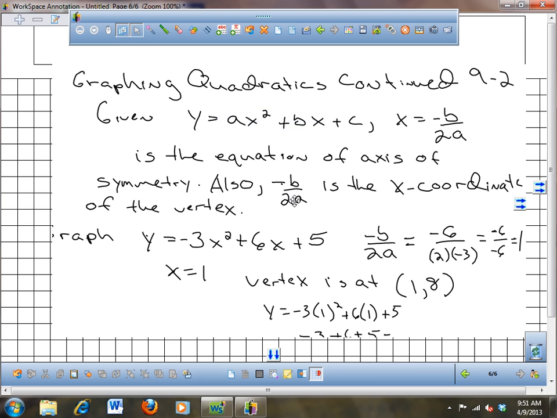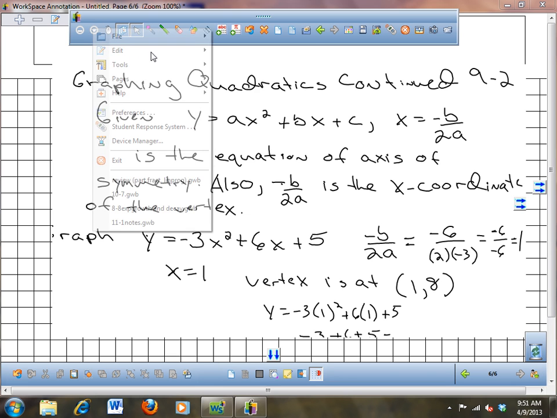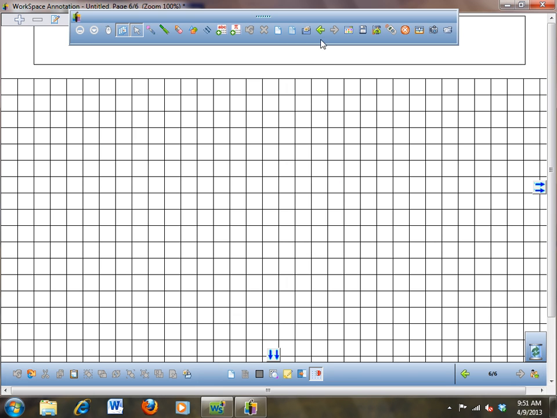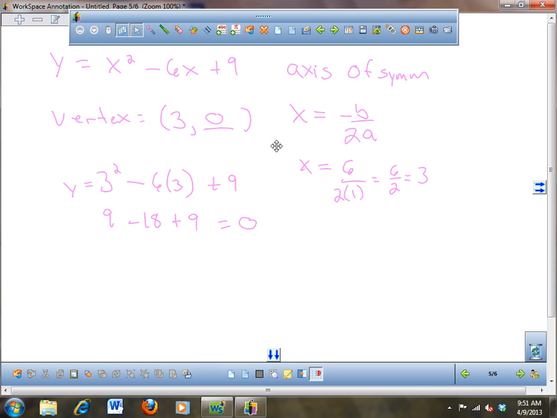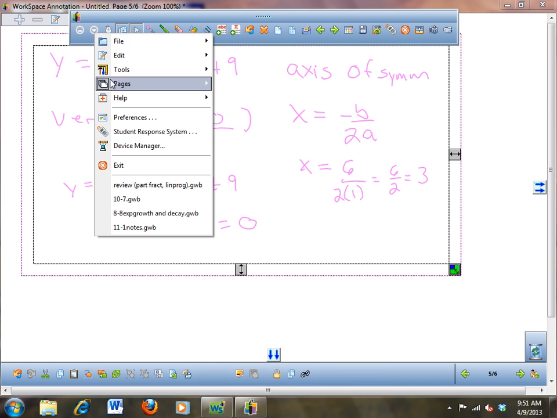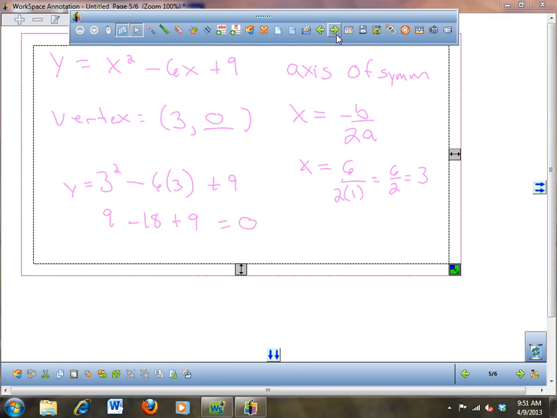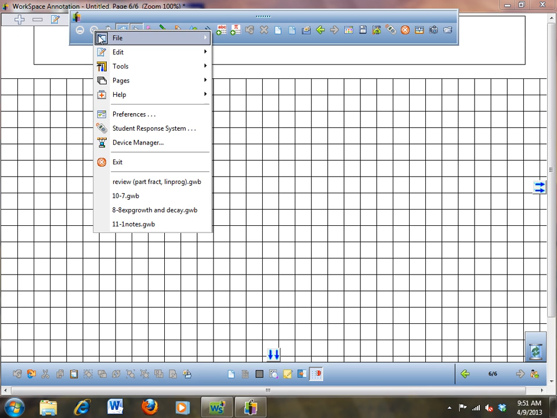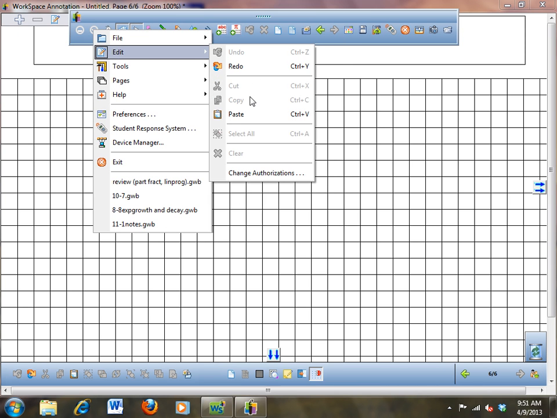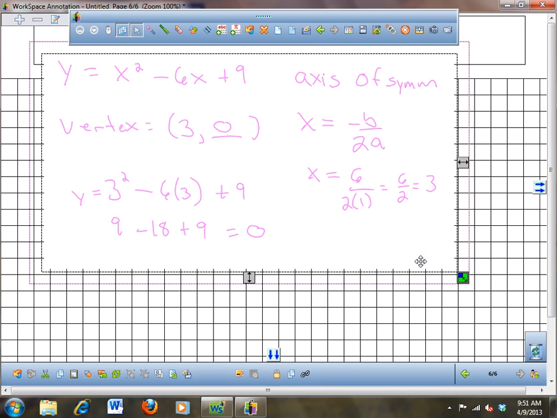That's the wrong thing. Never mind. Edit, undo. I know what I have to do. I have to go back here and copy that. Edit, copy. And I'm going to go back to that piece of graph paper. Edit, paste. Here's all this info.